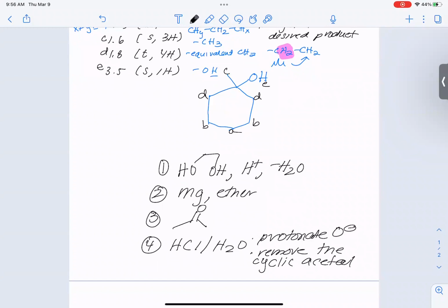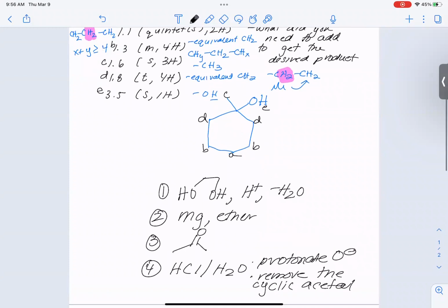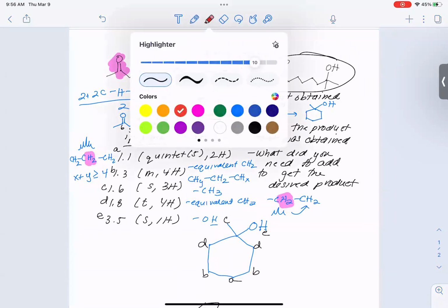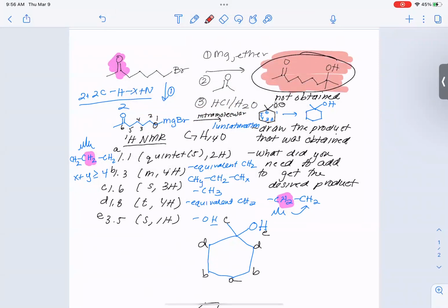Why is the acetone the only thing after the intramolecular reaction? Correct. Why is it there? Because initially, if you did this and didn't realize what you wanted to make, through inexperience or not paying attention, you go in, you make your Grignard, then you add your acetone, you add your HCl and water, and you don't get what you expect.